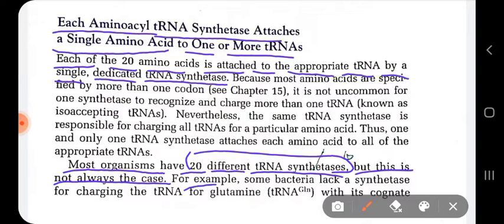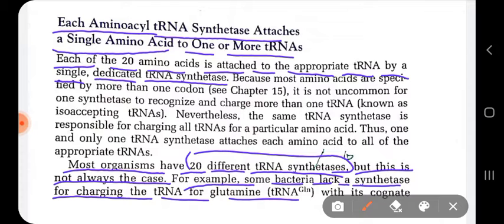Some bacteria lack a specific amino acyl tRNA synthetase for charging the tRNA for glutamine. So to attach the tRNA with the glutamine amino acid, that tRNA synthetase is absent in some bacterial cells.